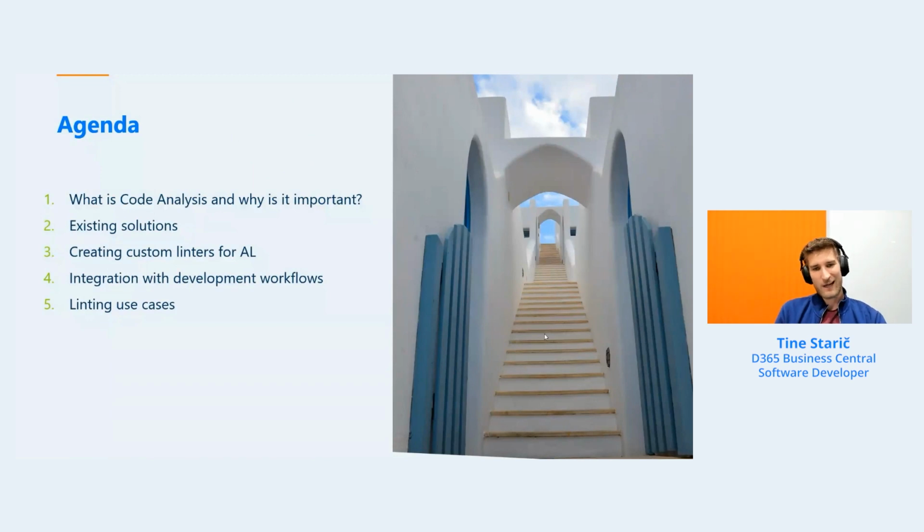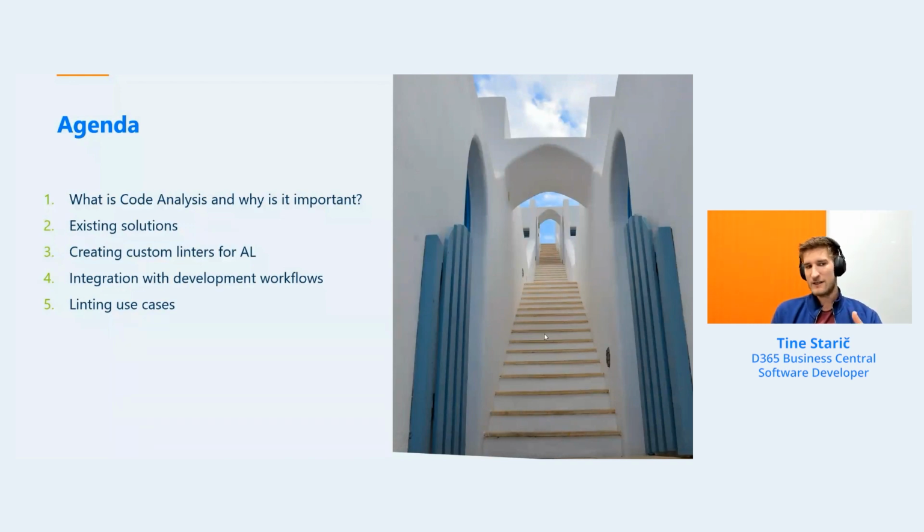So what will I tell you today? First, we're going to start with what code analysis is and why it is important. Then I'm going to show you the existing solutions. We're going to split that part into three topics. First, what does Microsoft provide? Second, what has the community created around it? And third, when the first two options just don't meet your needs, what you can do to create your own analyzer.